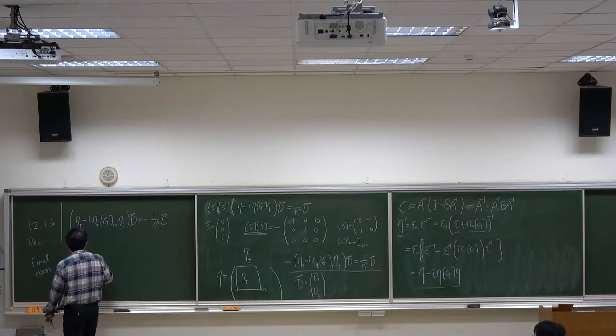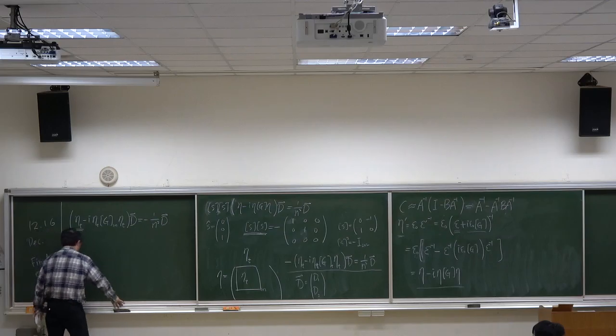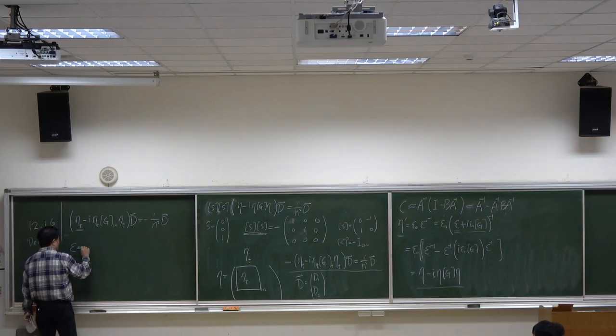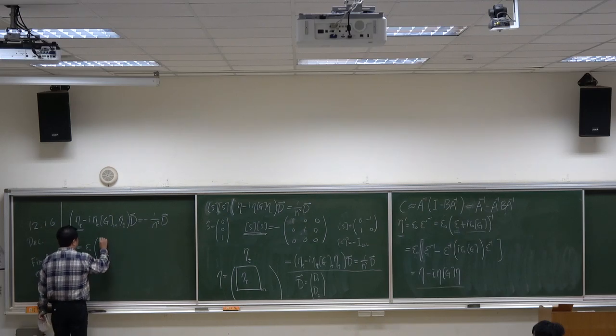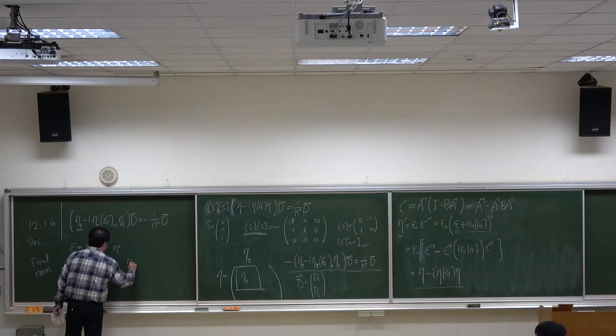So we know that the original epsilon is equal to epsilon 0 times n1 squared, n2 squared, n3 squared. Okay.